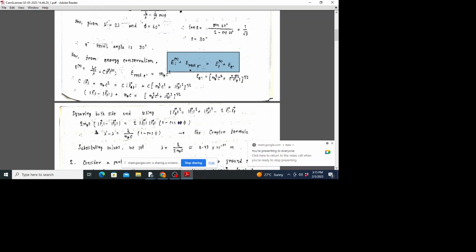So our initial electron was at rest, so the rest mass energy should be considered. And in the right hand side, what contributes to the final energy?